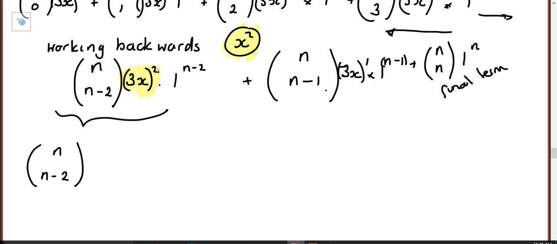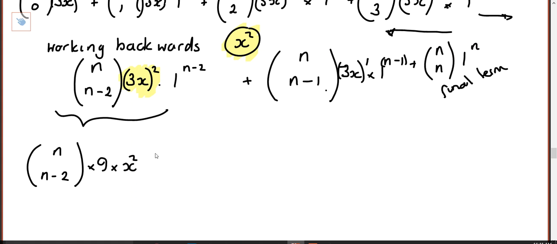I could simplify that to what? 9. So times 9 times x squared. And then here's the bit, this is the knowledge, the easy bit of maths that you're expected to know, but in a stressful situation, I don't know.